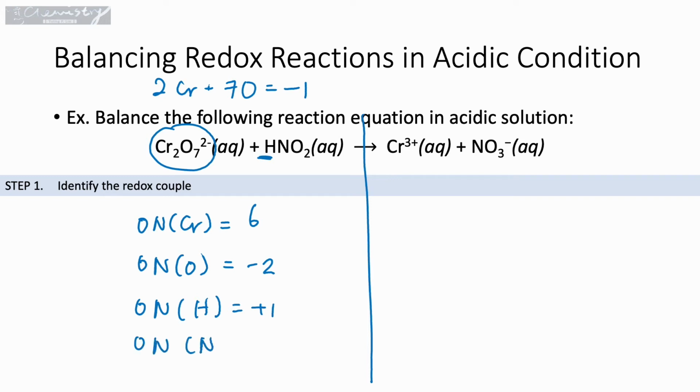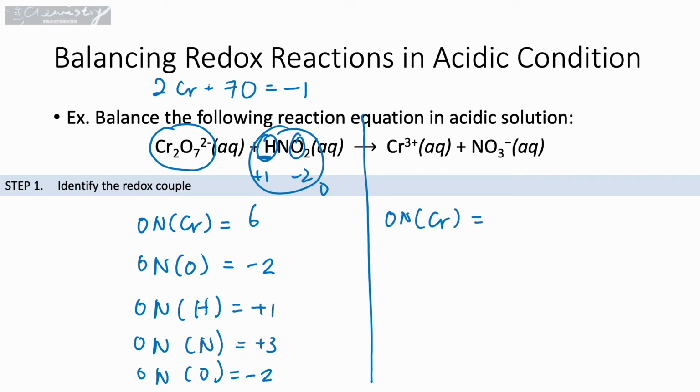For nitrogen, since this is +1, -2, all adds up to be 0, nitrogen is going to be +3, and oxygen is going to be -2. On the right side, we have the oxidation number of chromium to be +3. For nitrogen, it is going to be 3 times oxygen plus N is -1, so the oxidation number of nitrogen is +5.